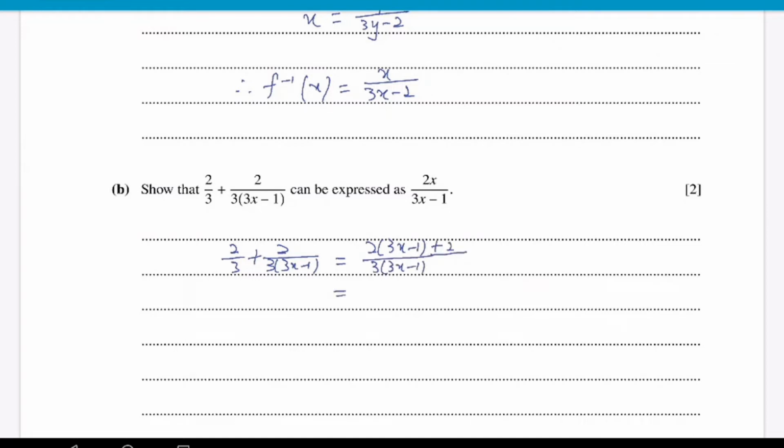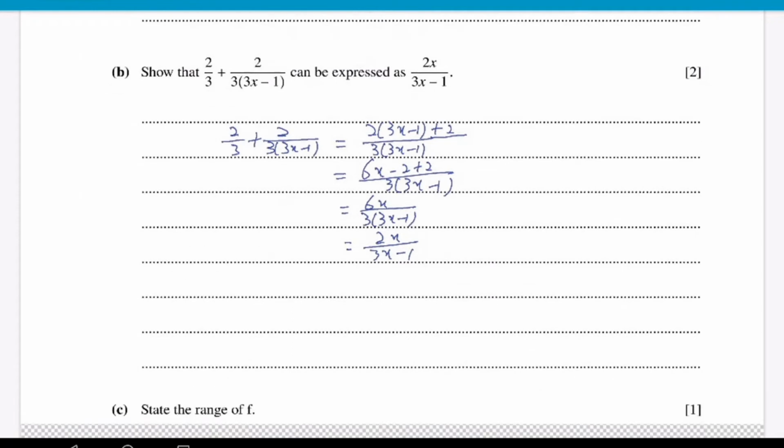If you expand, we get 6x minus 2 plus 2 over 3(3x minus 1). So we get 6x over 3(3x minus 1), so we get 2x over 3x minus 1. So this is some algebraic work for us to do.